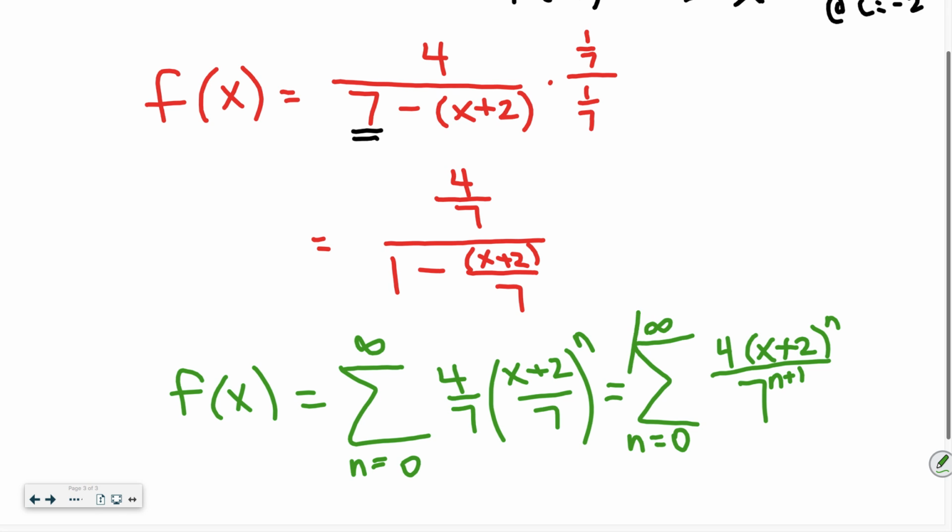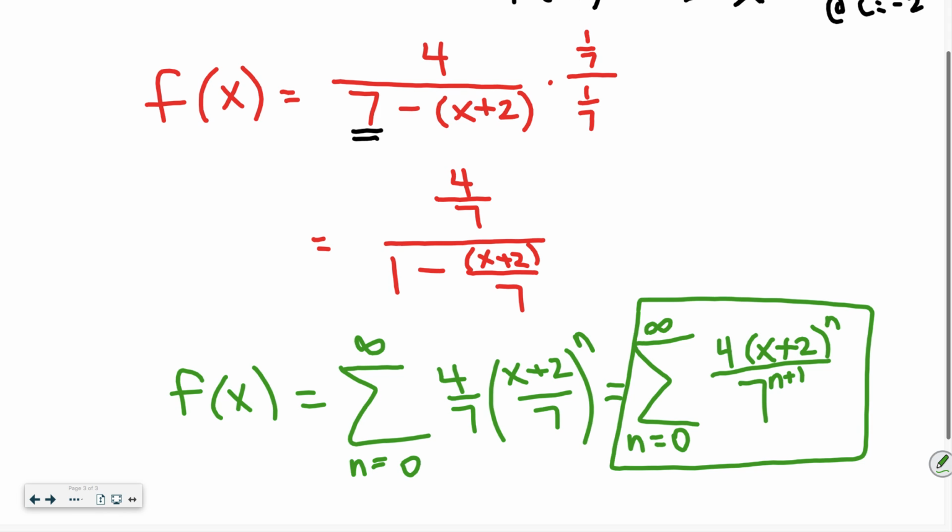If this were a multiple choice type question, this is how you would see it in the answer, because this 7 is not to the n. This 7 is just to the 1. Okay.